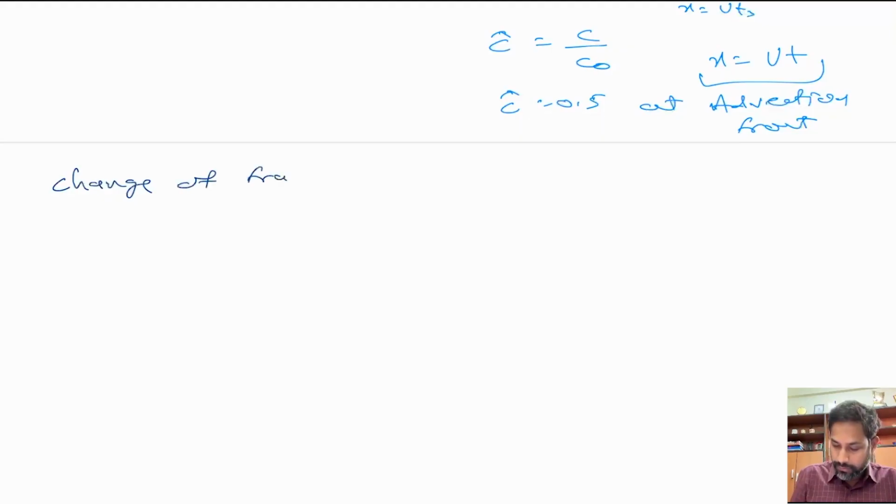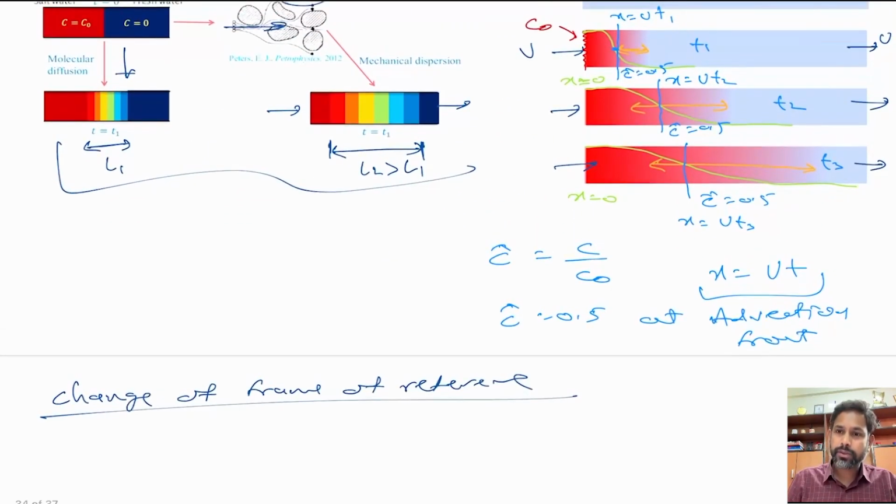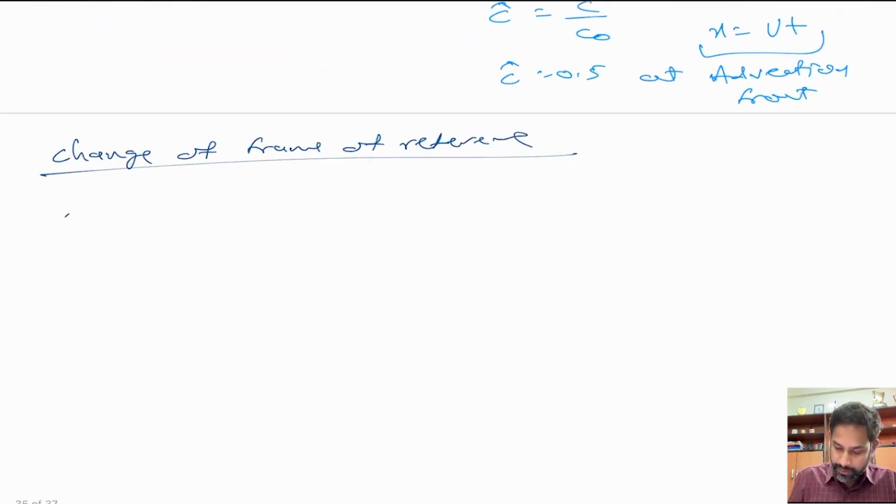So we will do a change of frame of reference. So instead of considering from x equal to 0, we define eta equal to x minus ut. Okay, and we say that at the advection front your eta is 0, right?